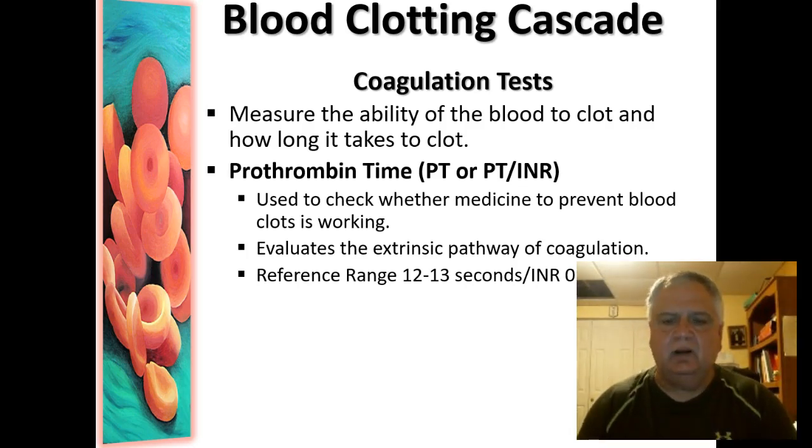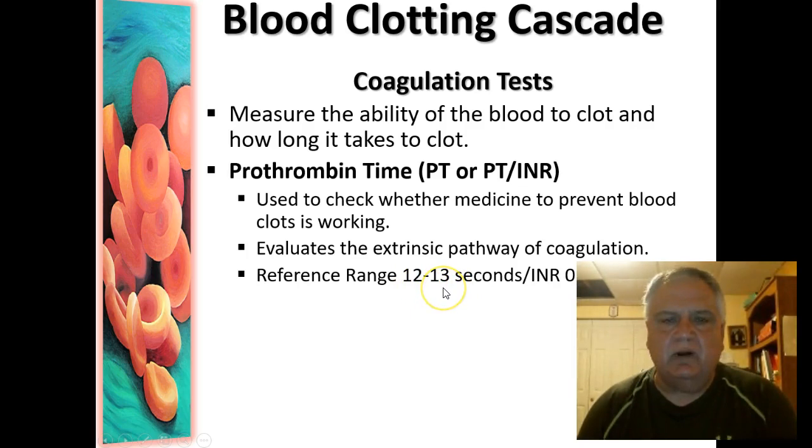Now I have up here /INR of 0.8 to 1.2. INR stands for the International Normalized Ratio. And here's the reason for INR. When the blood is drawn and the prothrombin time is tested, various labs can have variability in this reference range here.